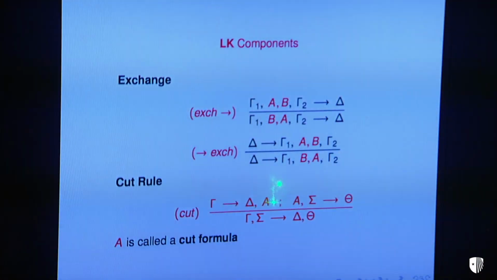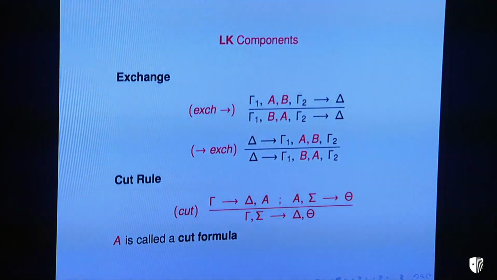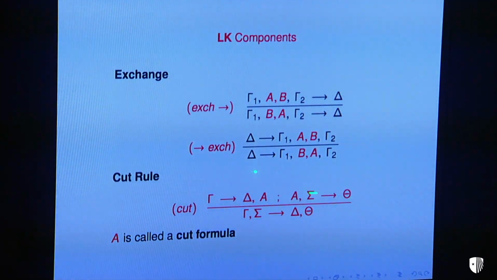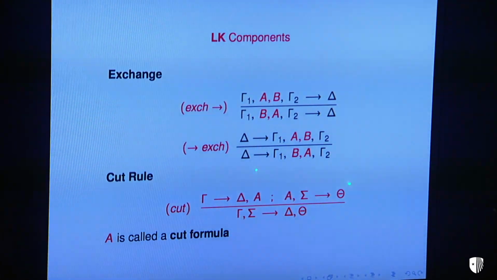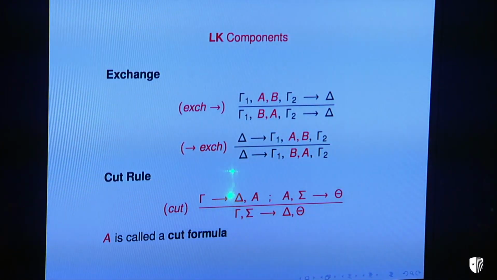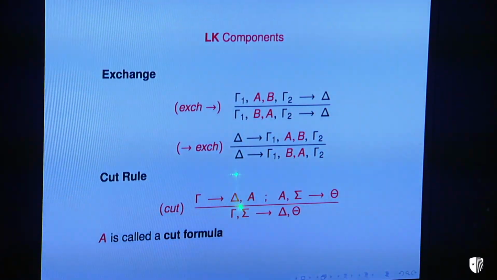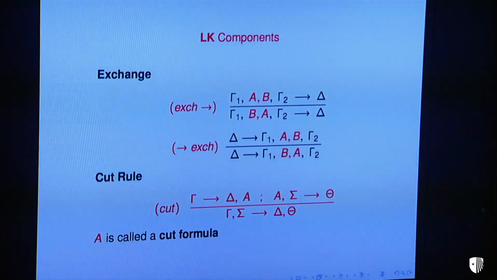You can cut the A. So modus ponens is a case of that rule: here you have A implies B, and you cut A, and you have whatever you have here, and whatever the B would be. So this is called the cut formula.